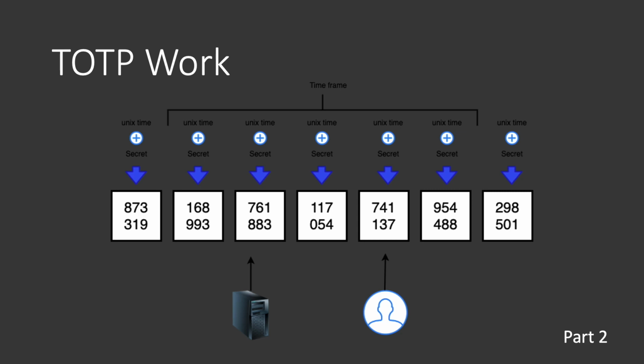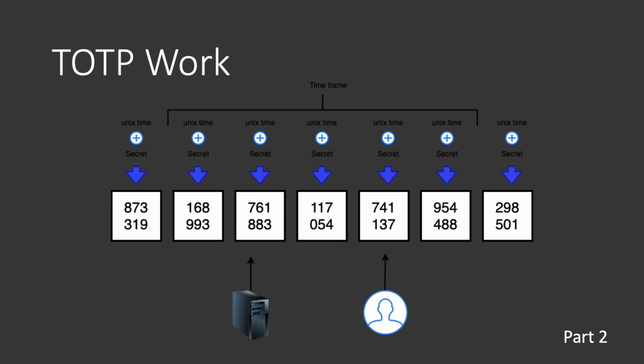As long as both of them fall under the same time frame, it works, because, as we said, there's always a bit of time difference between devices, but usually all of them are within a few seconds of each other. That's why we have this time frame, because we cannot make sure that every single device, from tablets to phones to computers, is running on the exact same seconds and milliseconds.